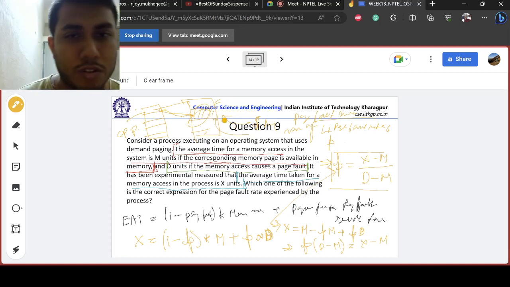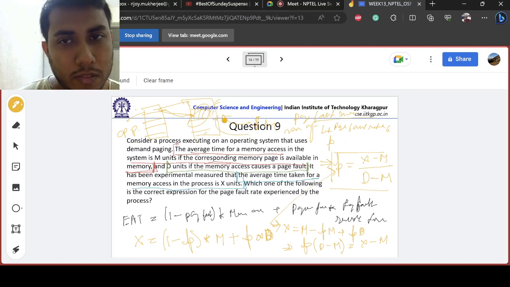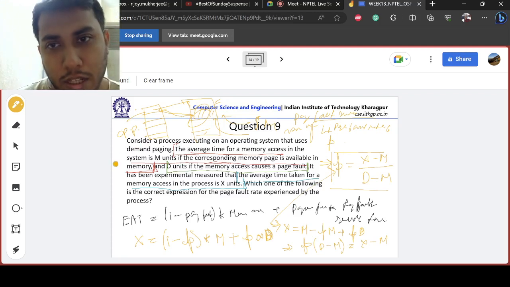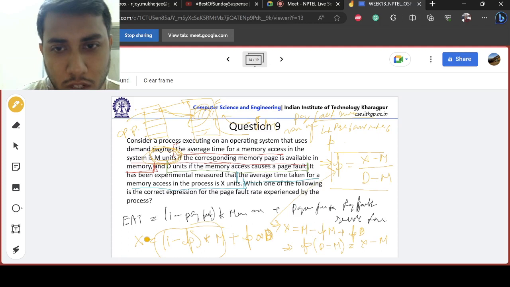In the normal case, when there is no fault, we directly access the memory, that is m units, and we have done that here. With no page fault it is m units, and if there is a page fault, it is d units, which we multiply here.